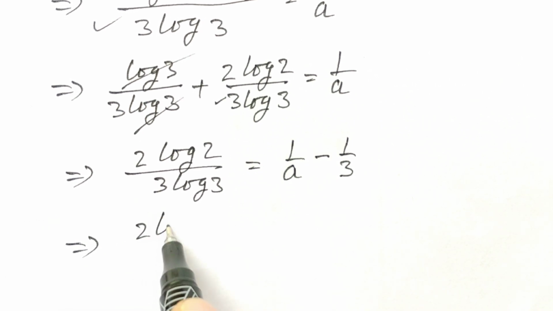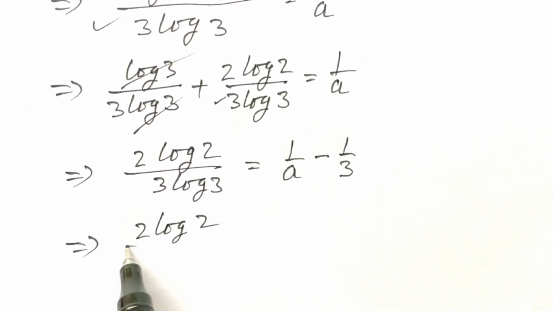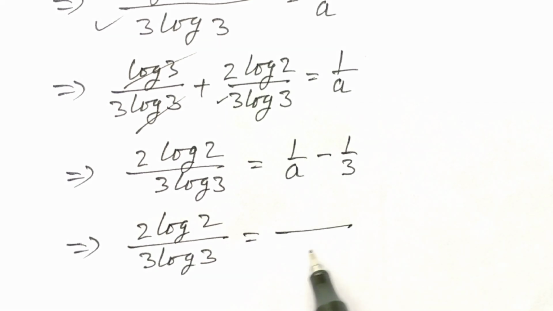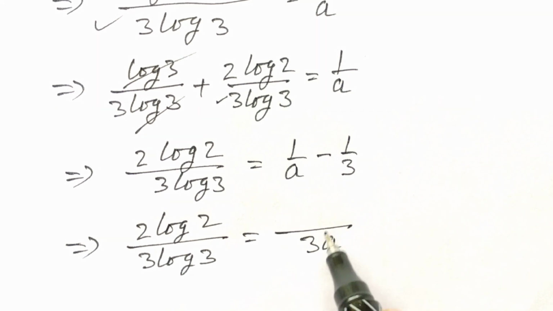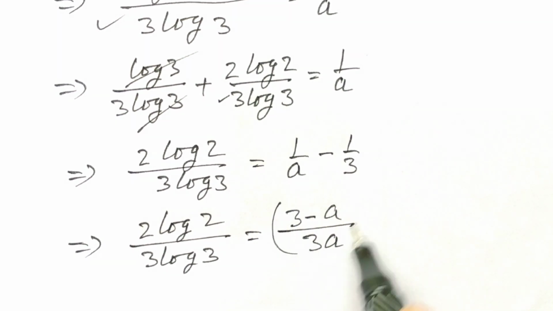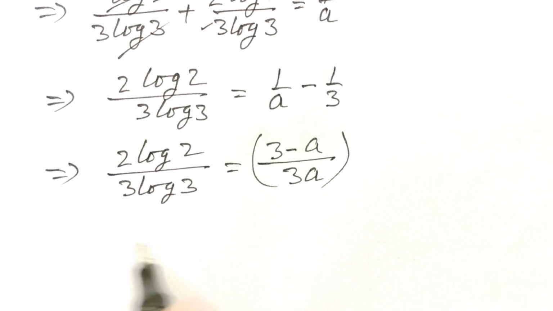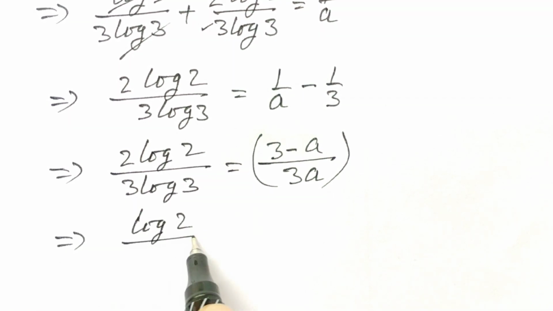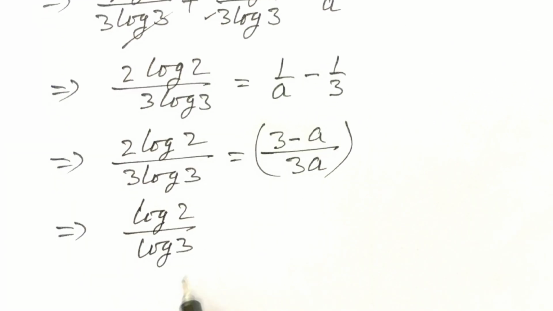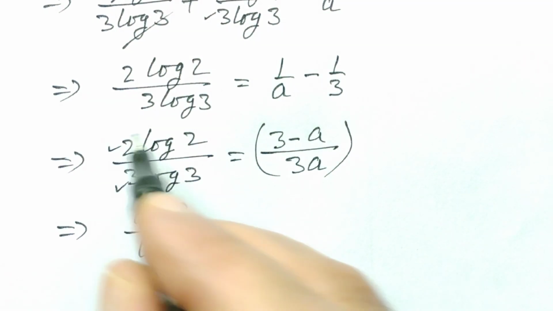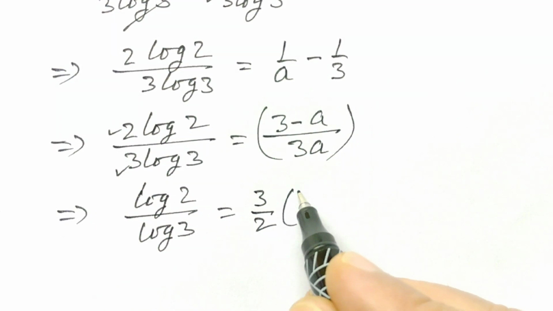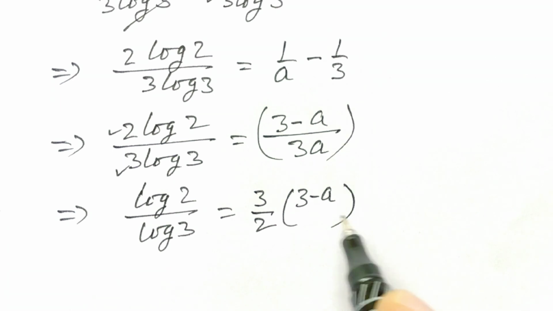Now 2 log of 2 over 3 log of 3 is equal to, taking LCM, 3 minus a over 3a, right? Now log of 2 over log of 3 is equal to, this 3 and 2, 3 by 2, right, into 3 minus a over 3a, right?